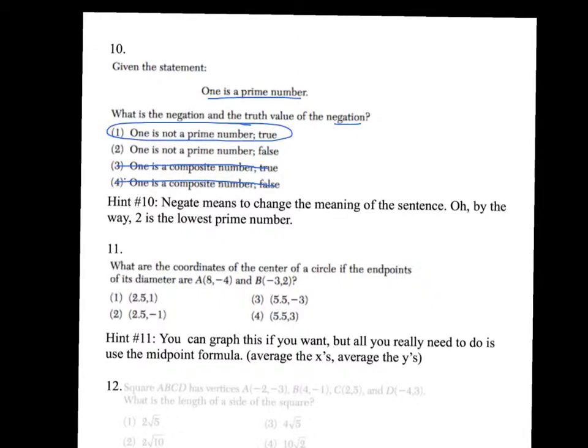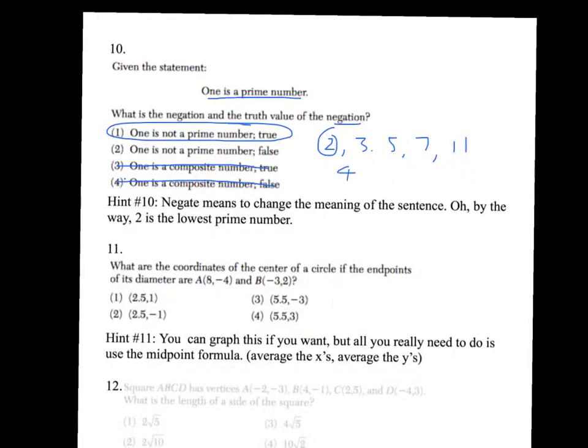The prime numbers are numbers like 2, 3, 5, 7, and 11. Prime numbers can only be divided by 1 and themselves. The lowest prime number is 2, and the only even prime number is 2.